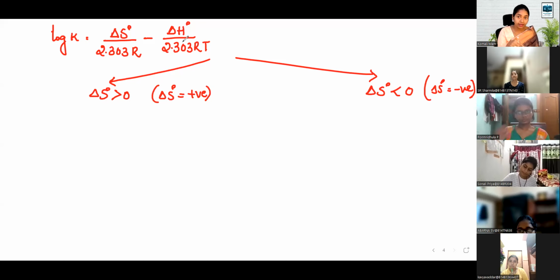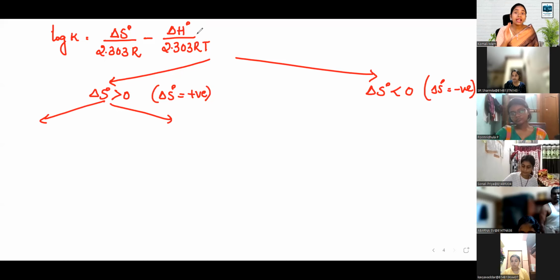Again, in these two cases, the reaction can be an exothermic reaction or an endothermic reaction. So this delta H I'm talking about can be greater than 0 or less than 0. Everybody listen.